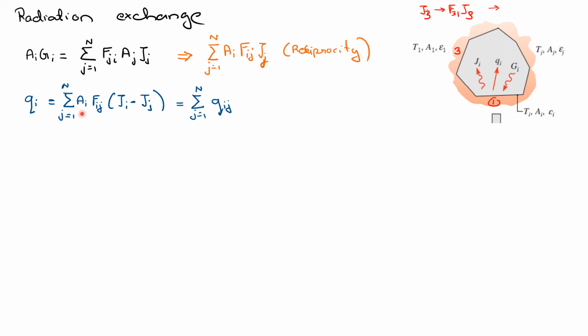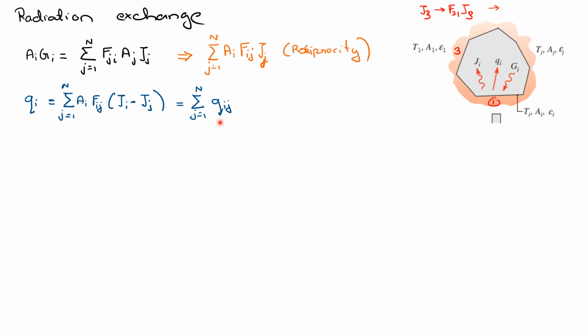The first term, Ai Fij Ji, is nothing but whatever leaves the surface, minus Aj Fji Jj, which is nothing but whatever radiation falls onto the surface and is emitted by all the other surfaces in the enclosure.